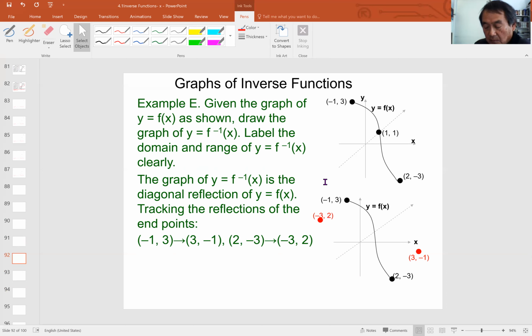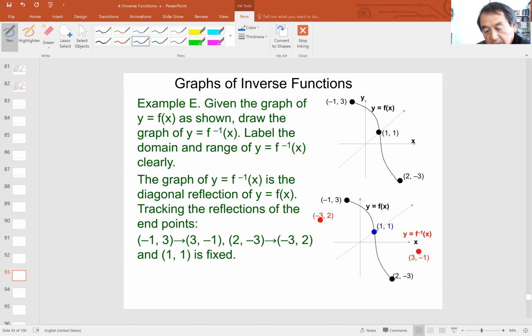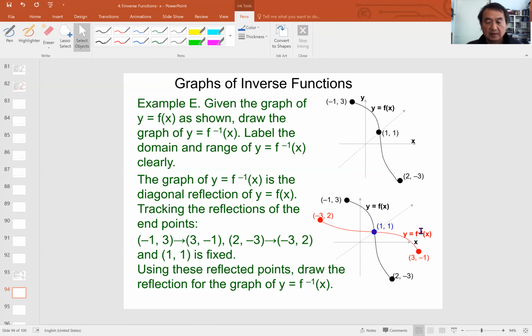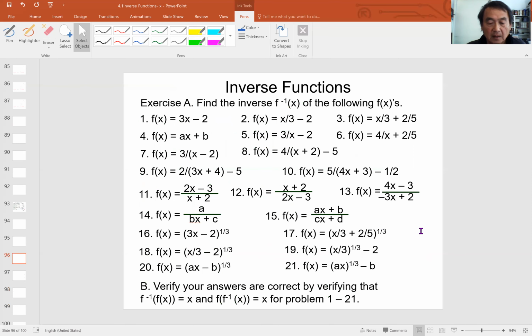And that's a mirror image of 3, -3, 2, and that middle point is fixed. And so now you can draw these, and you draw the mirror image. This is like a cusp like that. Okay, that's like a cusp over here. So that's how we complete the pictures.